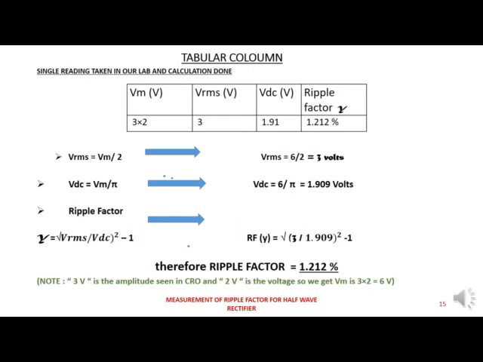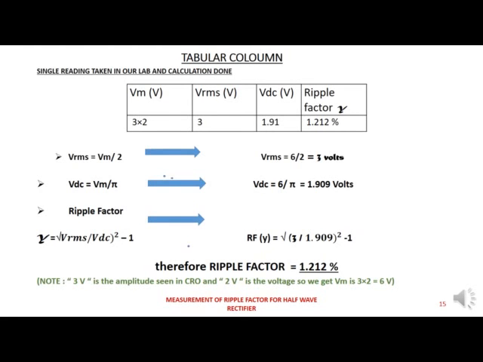This is a single reading taken in our lab and the calculation done. We can see Vm equal to 6, Vrms equal to 3, Vdc equal to 1.91, and the ripple factor calculated is 1.212. We can see Vrms equal to Vm by 2, that is Vm equal to 6, and 6 by 2 equal to 3 volts, and Vdc equal to Vm by pi, that is 6 divided by pi, you get 1.909 volts.